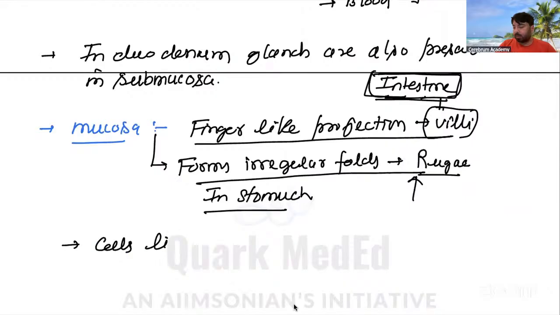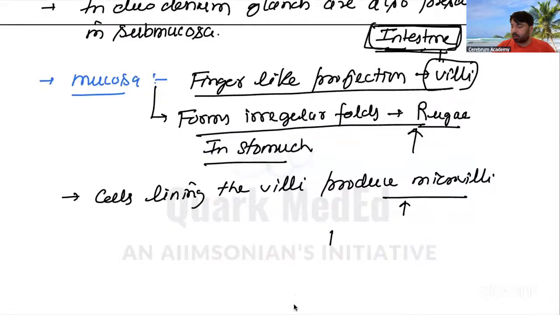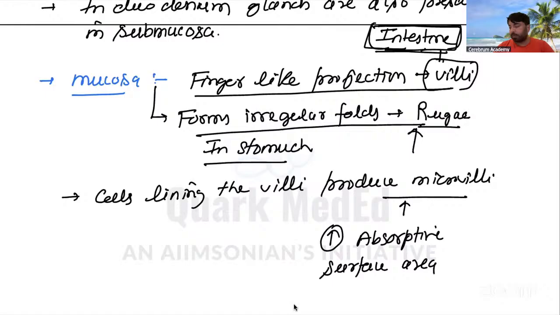Cells lining the villi produce microvilli, and these microvilli increase the absorptive surface area. They increase the surface area for absorption.